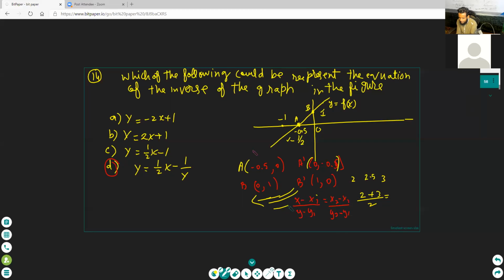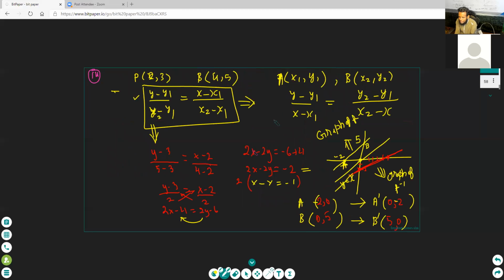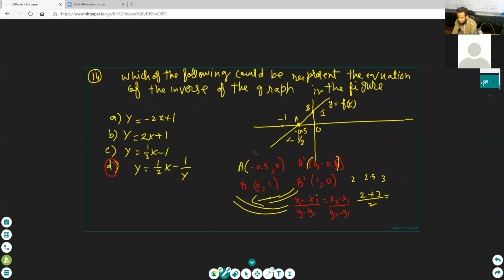It is also correct because if we take the reciprocal on both sides, this form will be the same. This formula is also correct. You can remember one form.